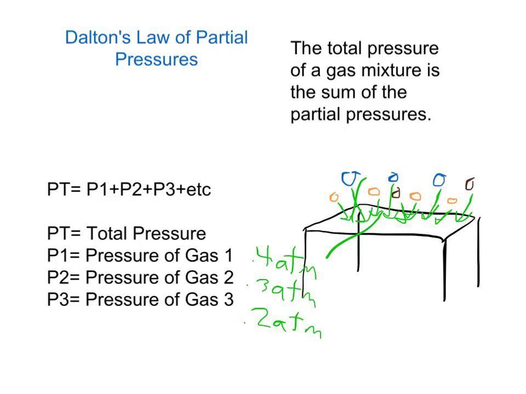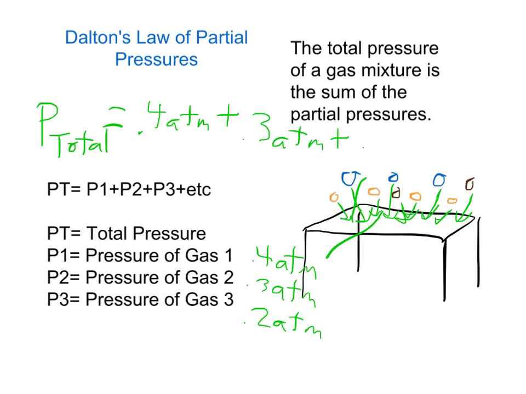Well, the total amount of pressure on the tabletop is the sum of all three of these gases. So therefore, using this equation, the total pressure is going to be equal to the pressure of gas 1, which is 0.4 atmospheres, plus the pressure of gas 2, which is 0.3 atmospheres, plus the pressure of gas 3, which is 0.2 atmospheres.